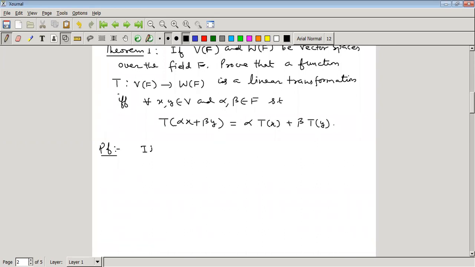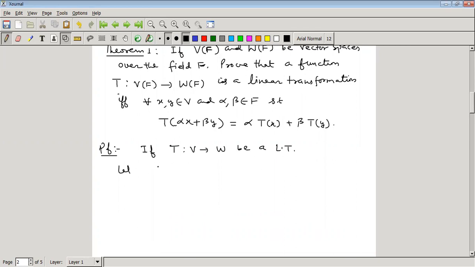So we start with: if T from V to W is a linear transformation.